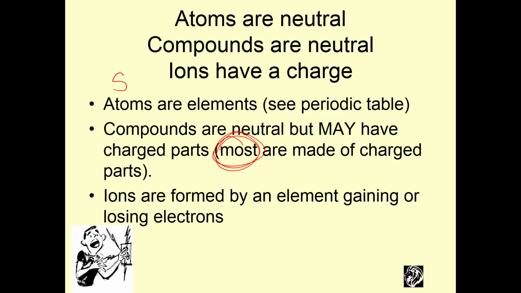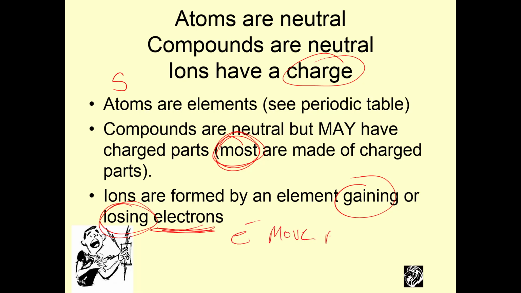So ions, remember, are charged parts. You can become positive or negative, by gaining or losing, but always electrons. Electrons move, not protons. Electrons are negative and protons are positive.